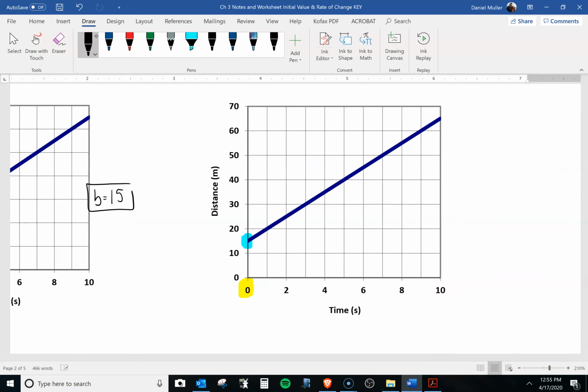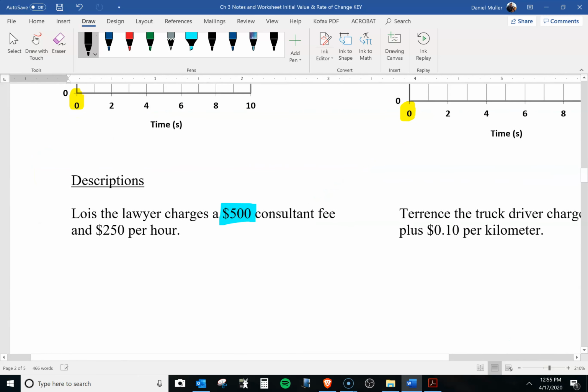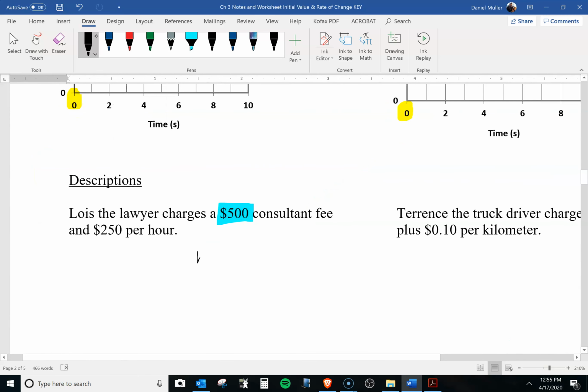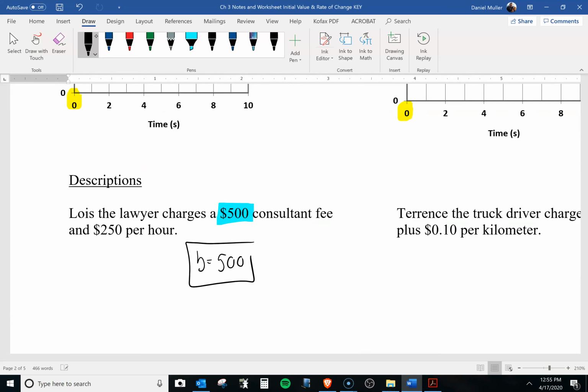This one, which I'll probably have to change, the B value is 15. Here, our B value, we initially get charged $500. And for this one, we initially got charged 50. So that's our initial value.